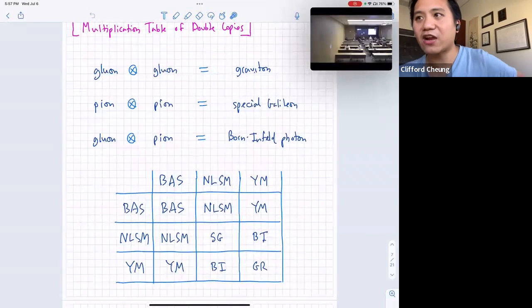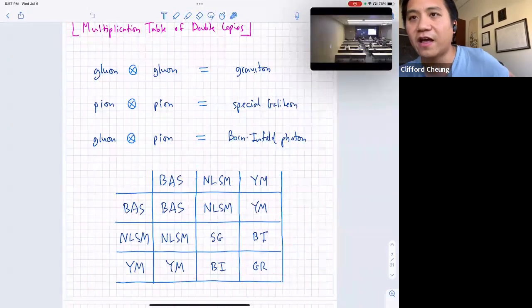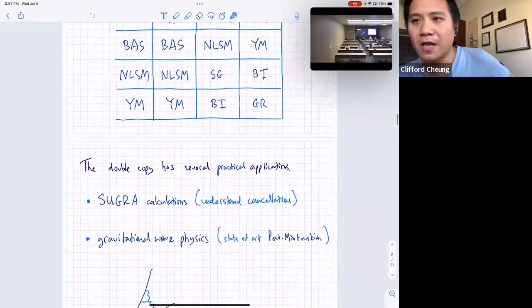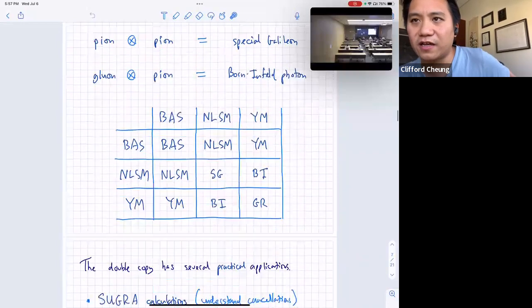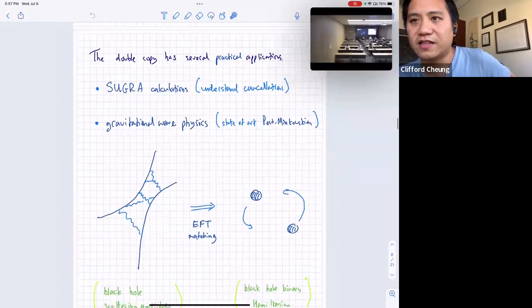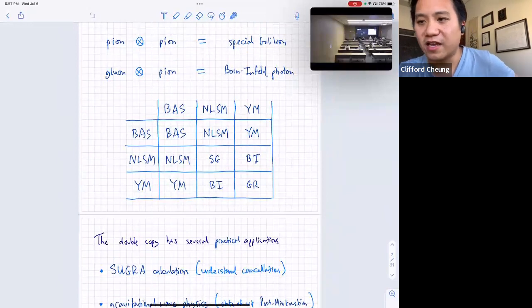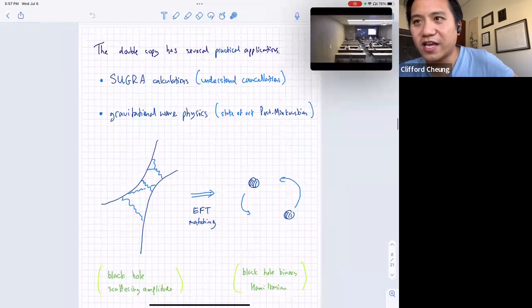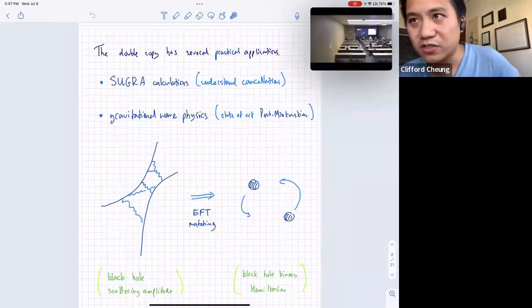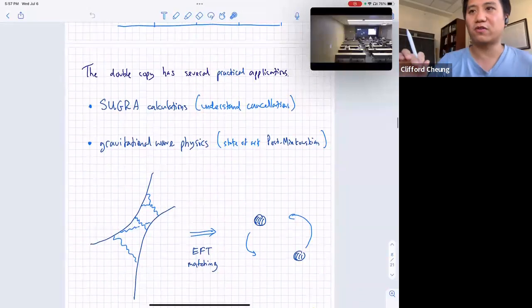The entire tree-level S-matrices of all these theories are mapped onto each other via this double copy procedure. Now there are two branches I could describe of what this means, the implications. One is just practical. The litmus test for whether something is well understood is if you can make a better toaster out of it.